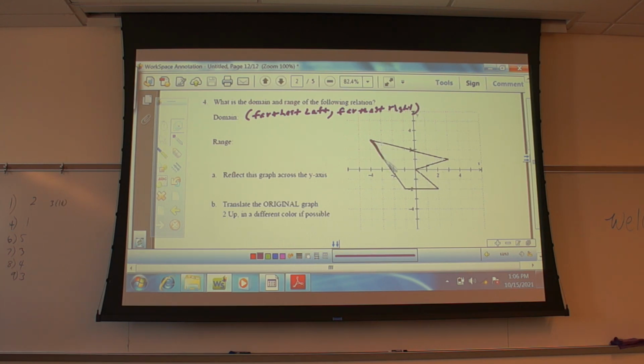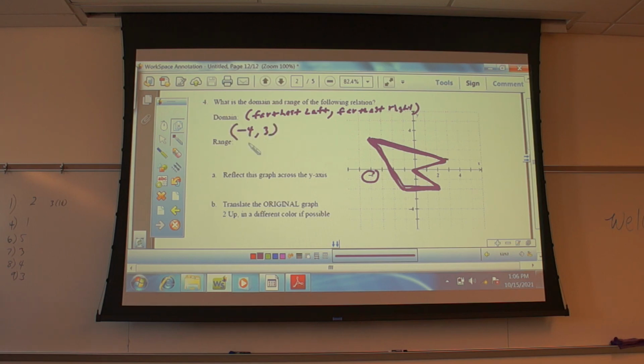As I trace along this, what's the farthest left I ever go? Right here, that's the farthest left I ever go. So what is that? -4. All right, and as I keep tracing, what's the farthest right I ever go? 3.